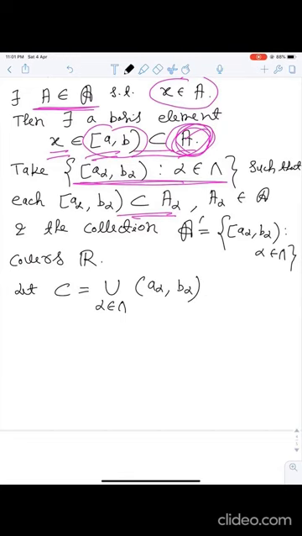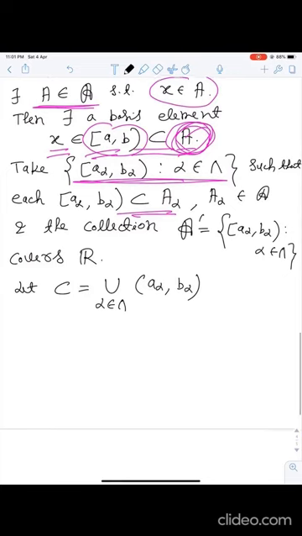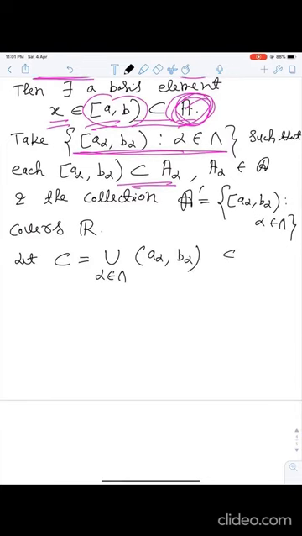Obviously this is a subset of R, no doubt, right? Now we claim that R minus C is countable.